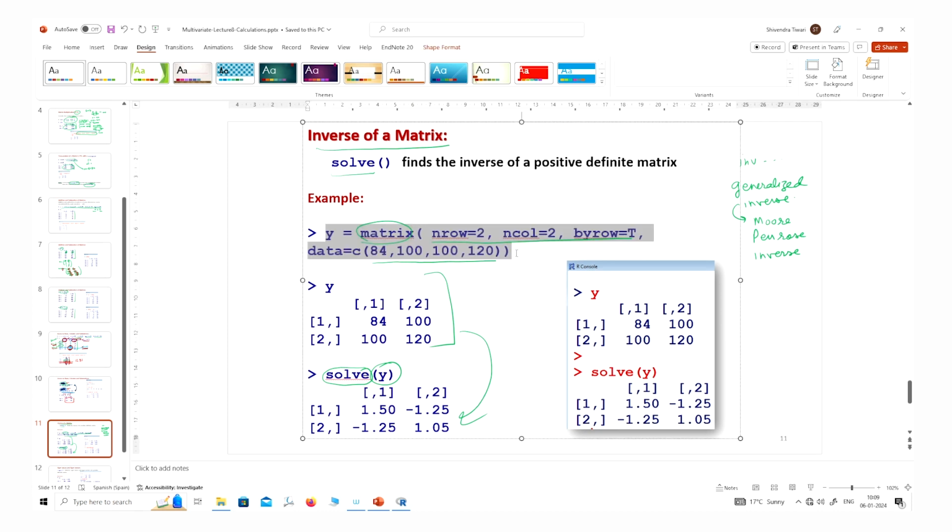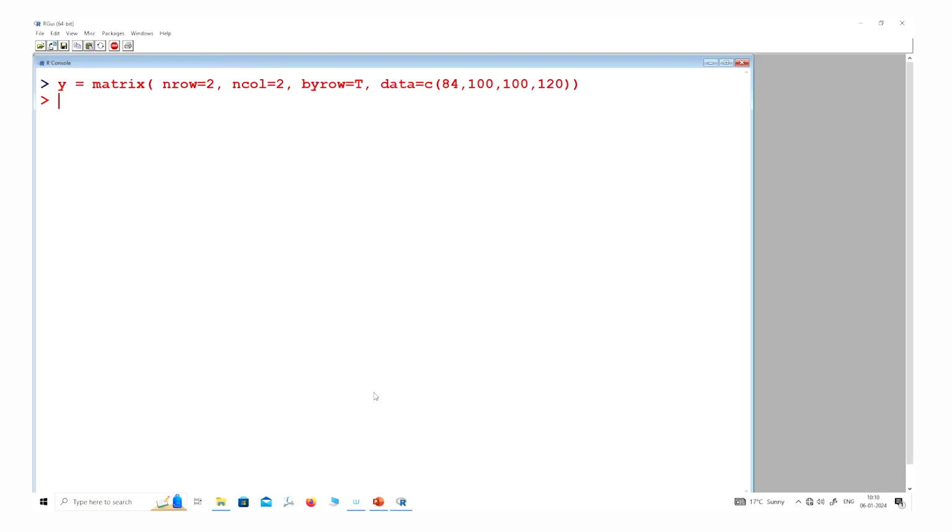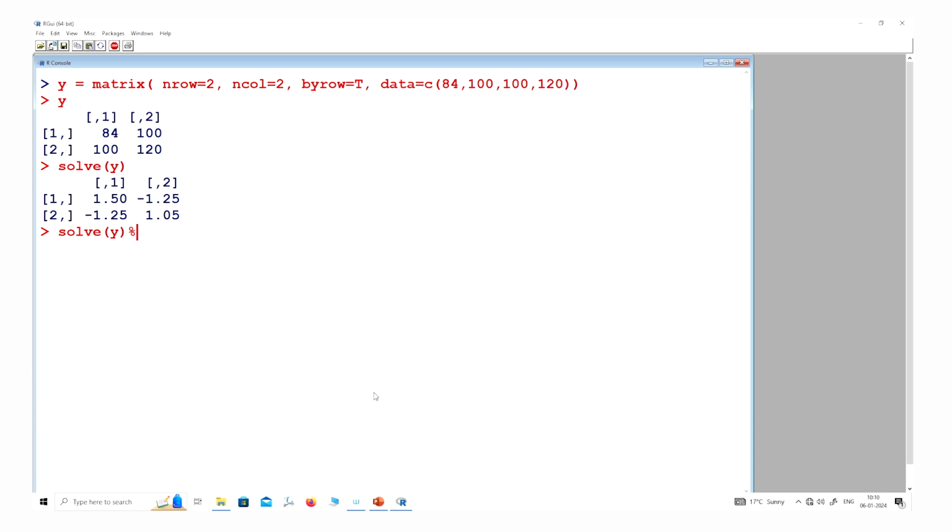If I create this matrix Y, you can see here this is Y, and if I say solve Y, you can see it comes out like this.